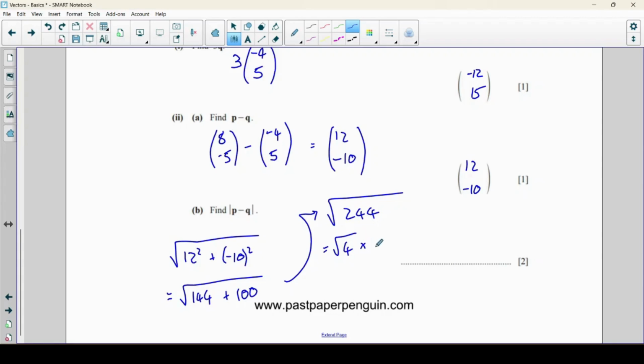So root 4 times this thing divided by 4: 200 divided by 4 is 50, and 44 divided by 4 is 11, so 50 add 11 is 61. So 2 root 61. Now 61, I don't think that's divisible by anything useful, certainly not a square number, so I think that's as simple as we can make it. Let's write 2 root 61.